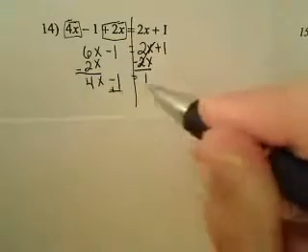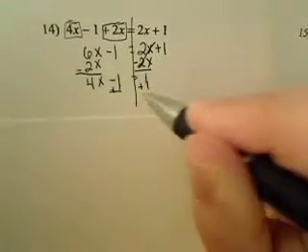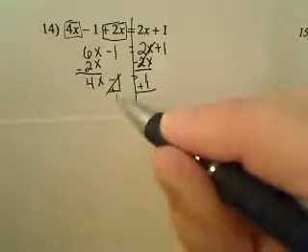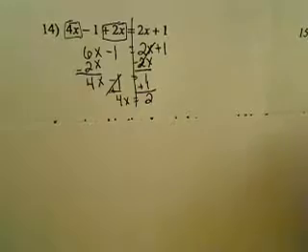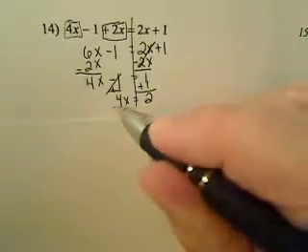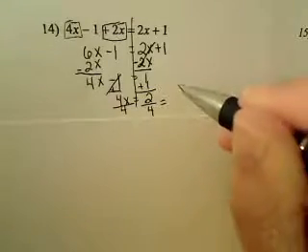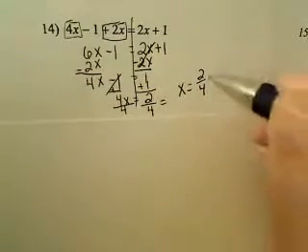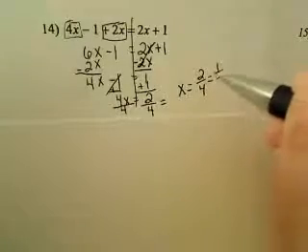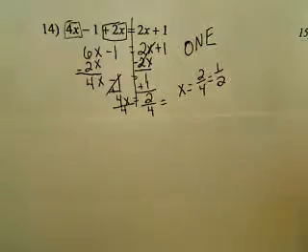I'm going to add 1 onto both sides. And so this gives me 4x, and this gives me 2. Last step, I'm going to divide both sides by 4. And that gives me x equals 2/4, which of course simplifies down to 1/2. So this one also had one solution.